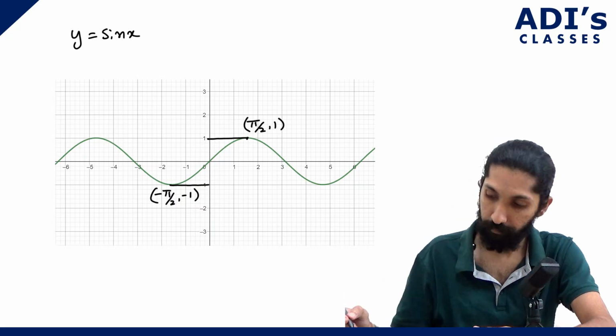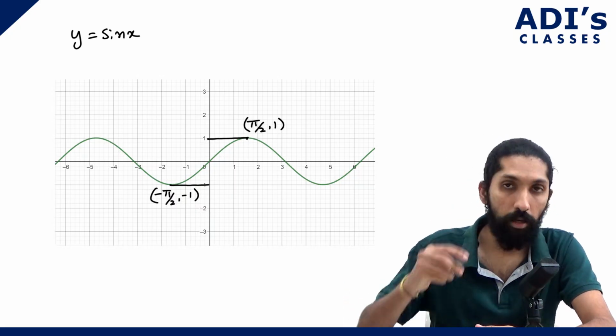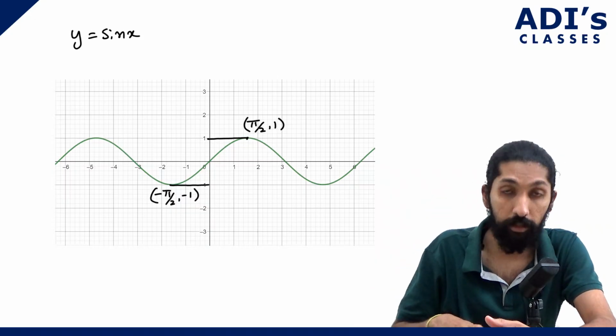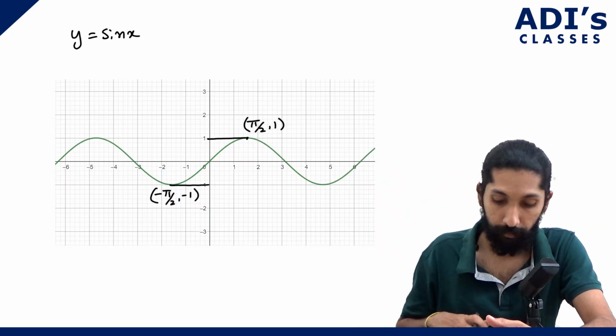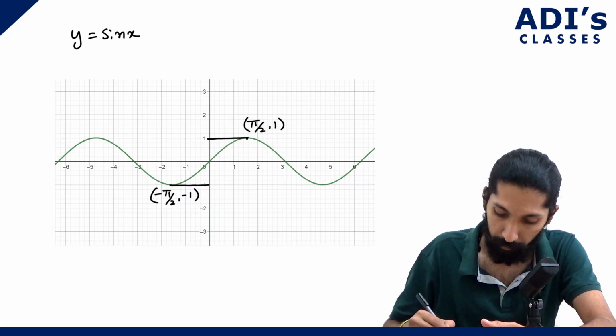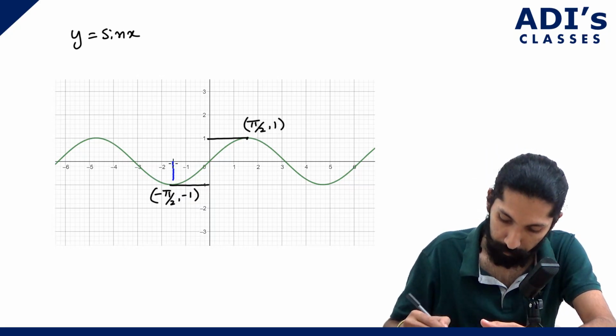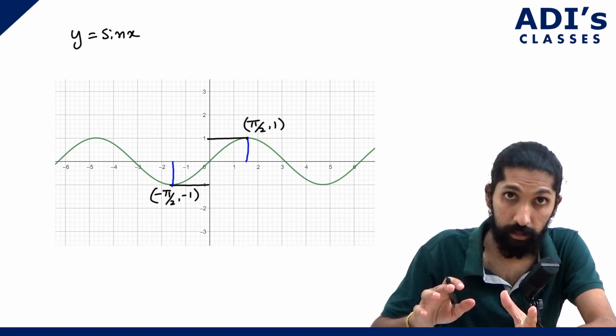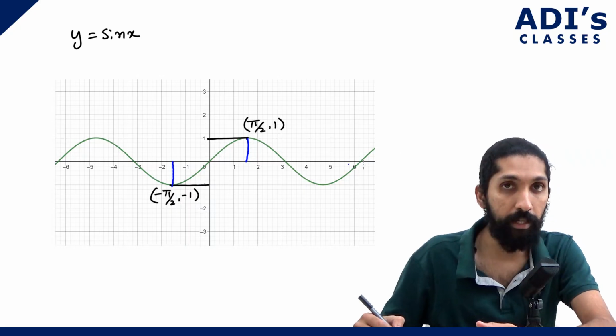Make sense? Now, take any value of sine. Every value is between minus pi by 2 and plus pi by 2, because look at this, it's repeating everywhere.